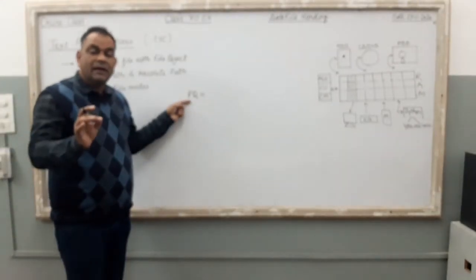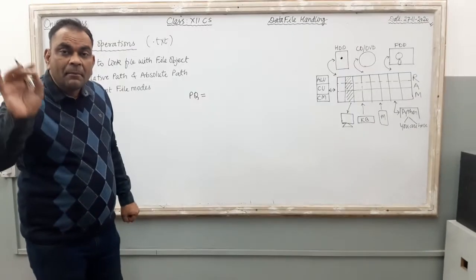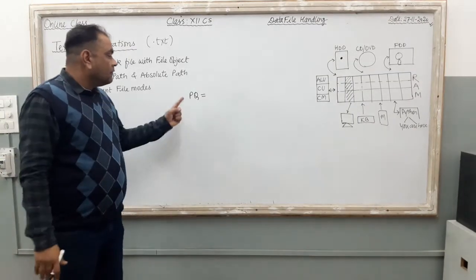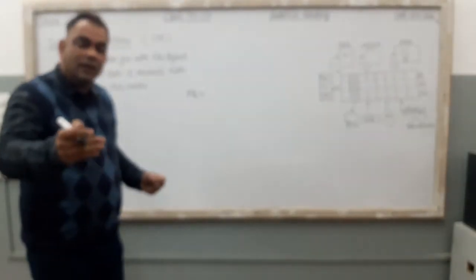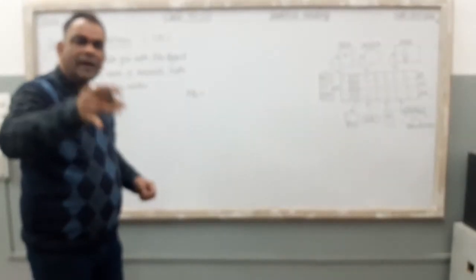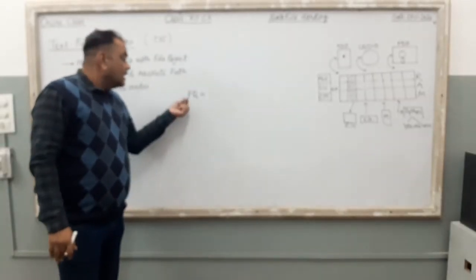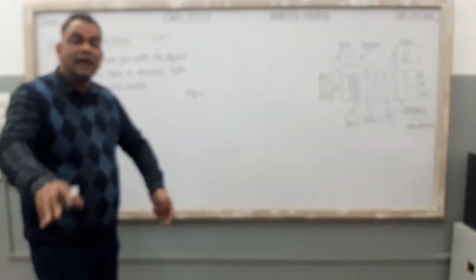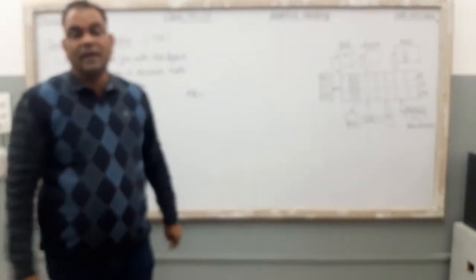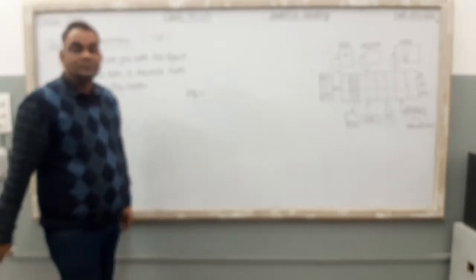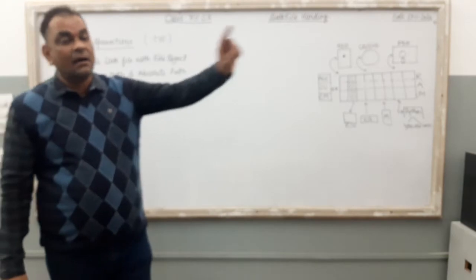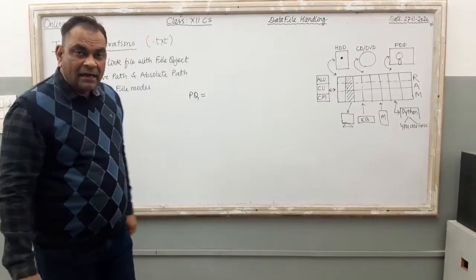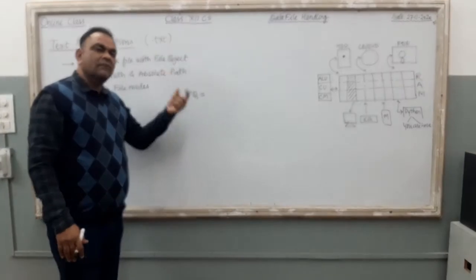You can give any name to the variable, but the first letter should be either an alphabet, capital or small, no problem, or an underscore. Digits are not allowed at the first position. Special symbols are not allowed at any position in the variable name other than the underscore. Your variable name should not be the same as a command keyword of Python. Clear? So here PQ is a valid name.